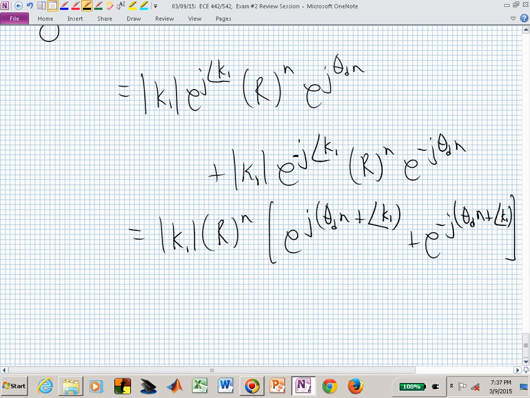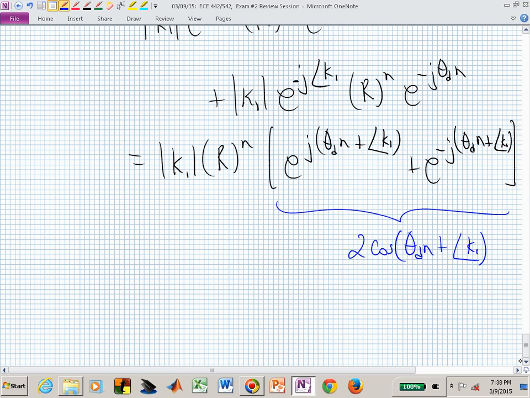And that should just be screaming at you as far as what that equals, if you remember Euler, and Euler would be happy if you remembered. This is just twice the cosine of that exponential argument, theta sub d n plus the angle of K1. And that's where that y of n comes from once you've found k sub 1.